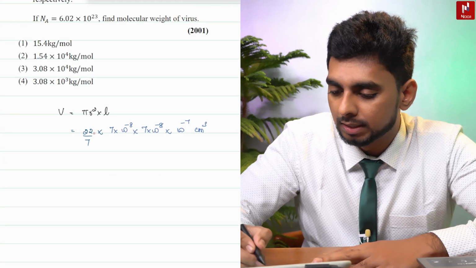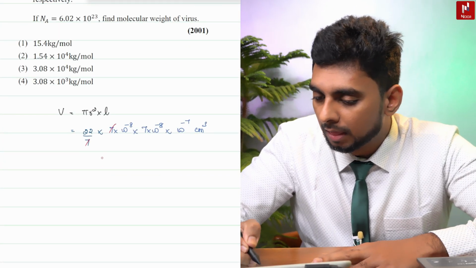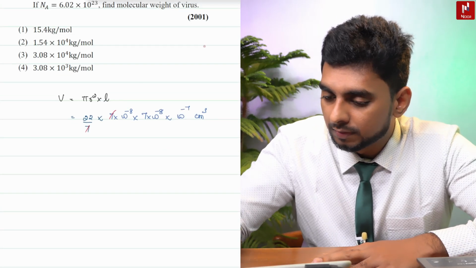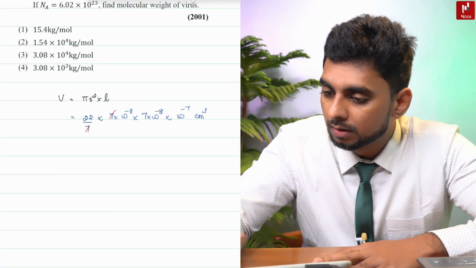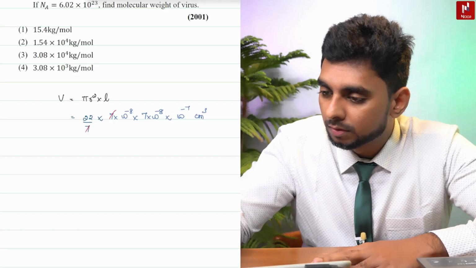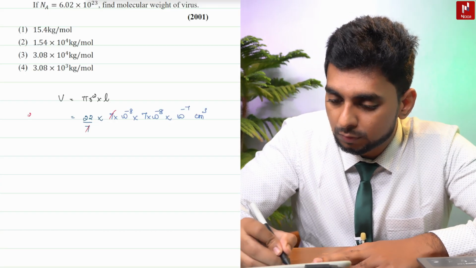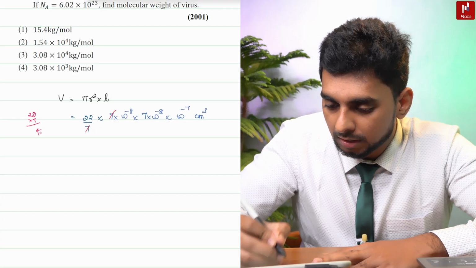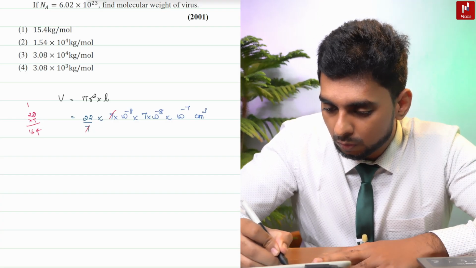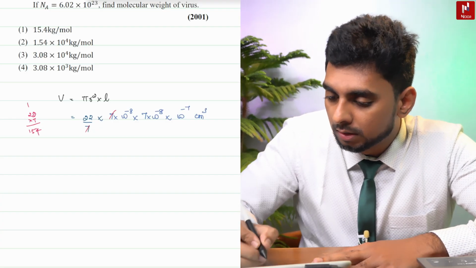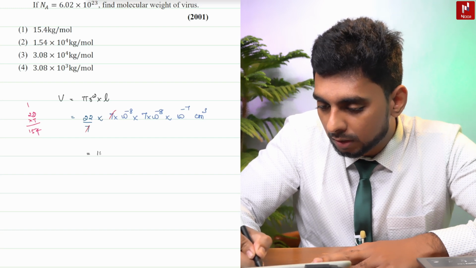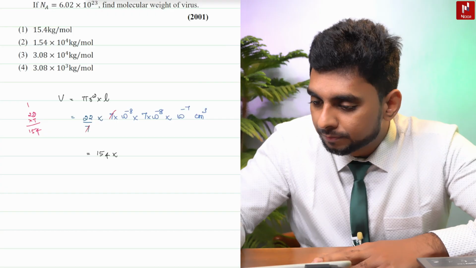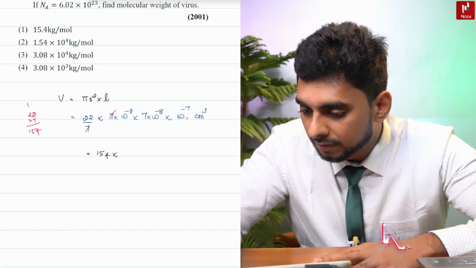Now let me do the cancelling. If I do the cancelling, 7 will get cancelled out. Then what am I left with? 22 into 7, isn't it? So if I just do the multiplication, you'll have 22 into 7, that will be 154. Okay. So here you'll have 154 into, here you've got 10 power minus 7.